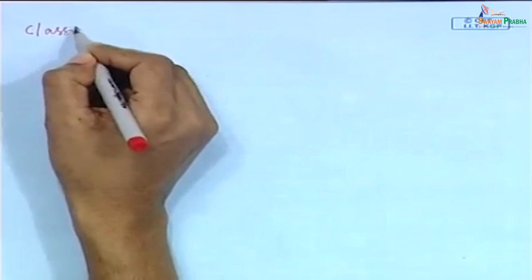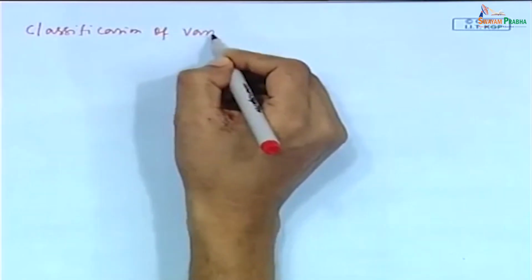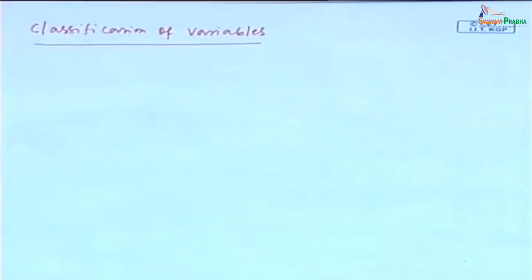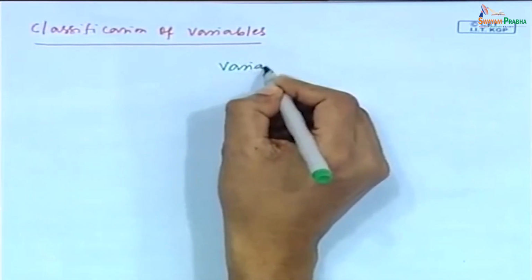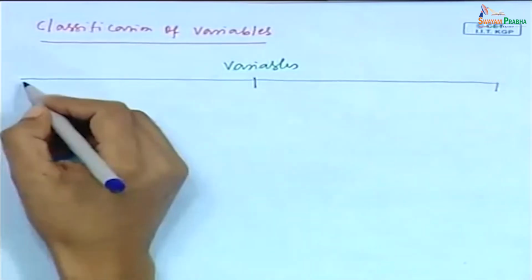Next we will discuss the classification of variables, the variables which are extensively used in the process control course. Variables are usually of two types.